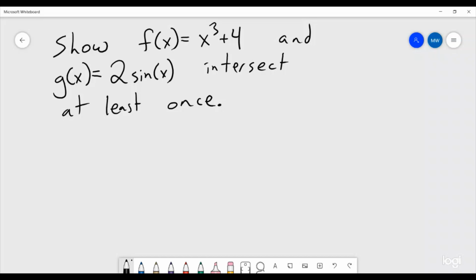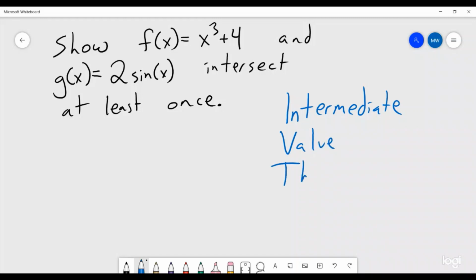It turns out that the way that this connects is by using what's called the Intermediate Value Theorem, or often abbreviated the IVT. So go ahead and try and figure out how we could use the Intermediate Value Theorem to do this. If you don't know it, don't pause the video yet because I'm about to explain it. If you do know it, feel free to jump forward about 30 seconds.